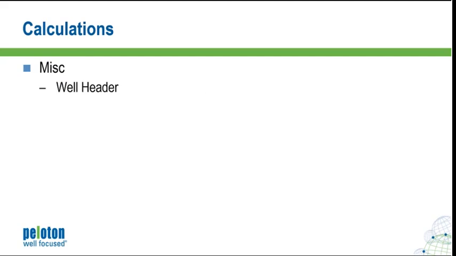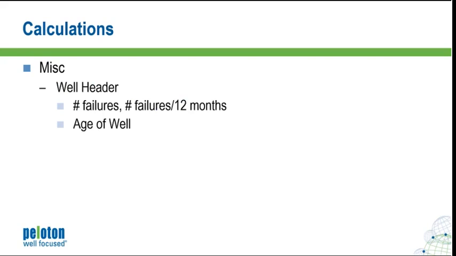Now, in addition to a lot of frac calcs and drilling calcs, we have some that relate to failures. So at the well header: total number of failures entered for this well, number of failures in the last 12 months, the age of the well, last job and job report at the header level.